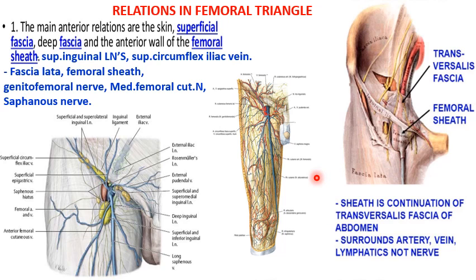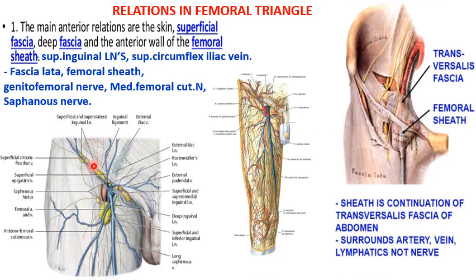So let us once again see what are the relations anteriorly. The anterior relations to the femoral artery are the skin, the superficial fascia, the deep fascia, which is the fascia lata, and the anterior wall of the femoral sheath.